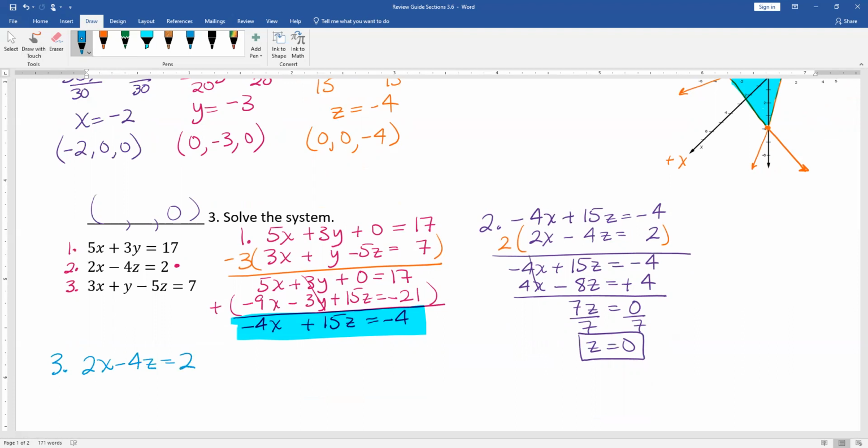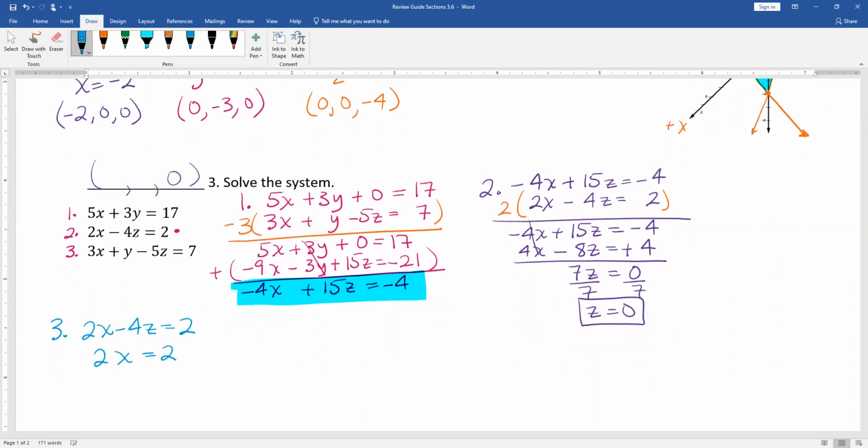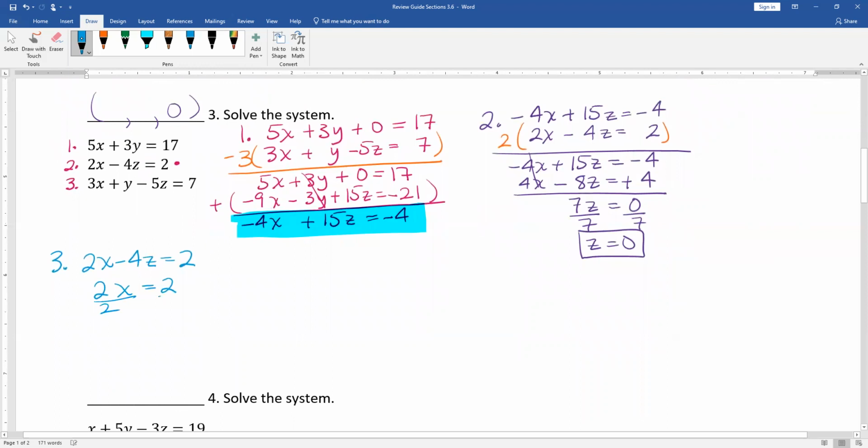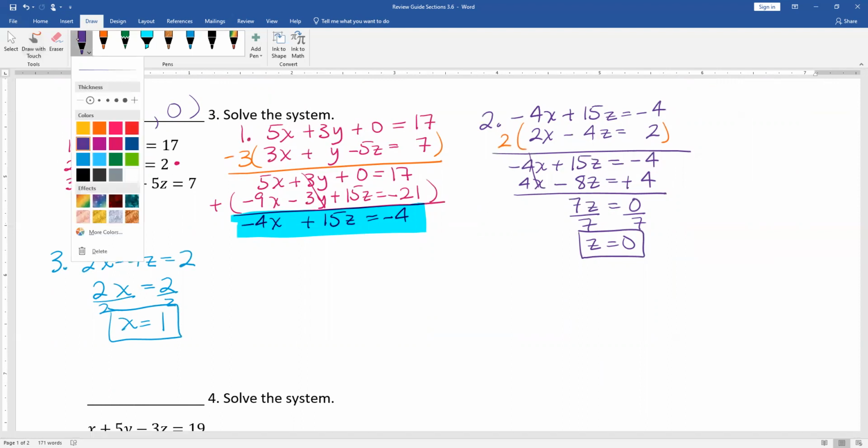Well, if z equals 0, then minus 4 times 0 is just 0. So this actually simplifies to 2x equals 2. And then when I solve it, I divide both sides by 2, and I find that x equals 1. I'll plug that in to my x coordinate.